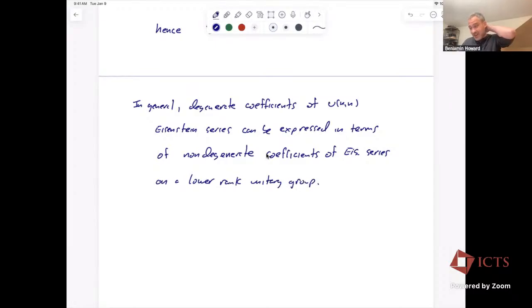And in our case, where our degenerate coefficient is just very mildly degenerate, this kernel has rank 1, the relation is very simple.